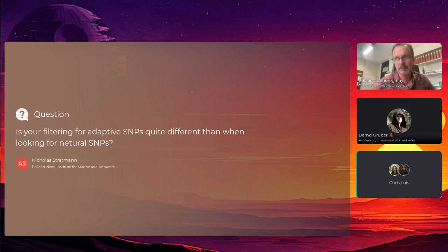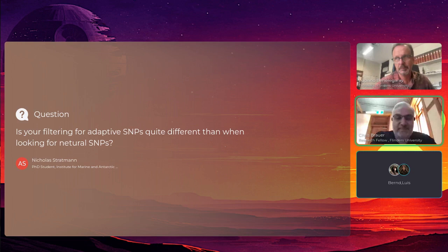I guess depending on what you actually mean by filtering, but yeah, we're generally less stringent. I don't filter for Hardy-Weinberg equilibrium before any of these tests because you're looking for a signal of natural selection, and that breaks the Hardy-Weinberg model.